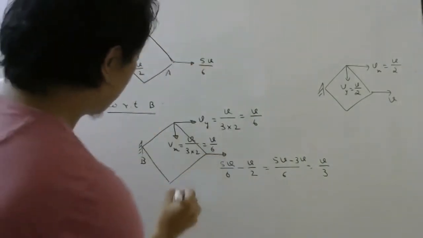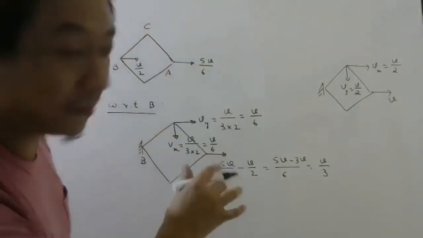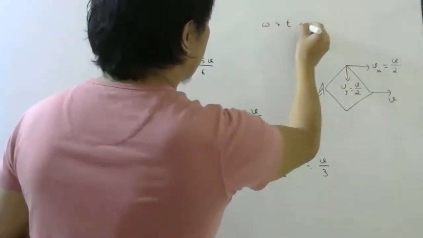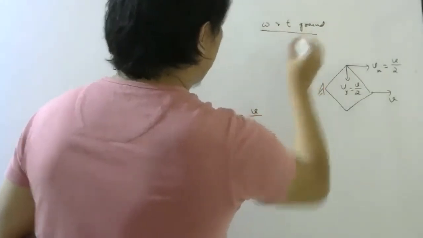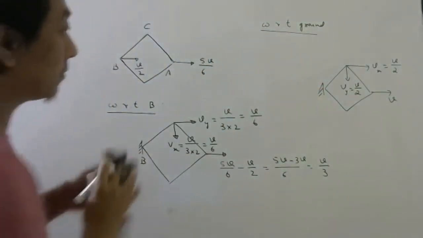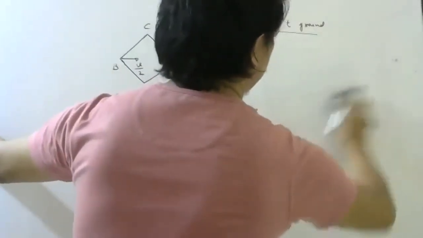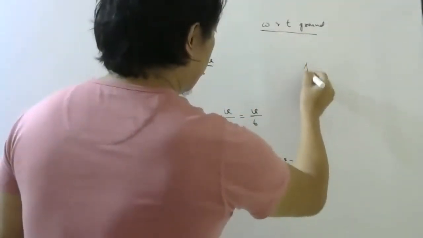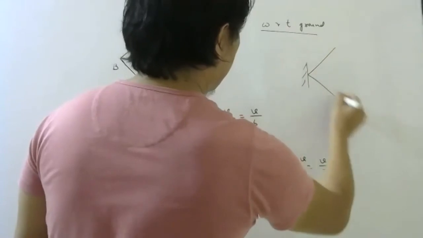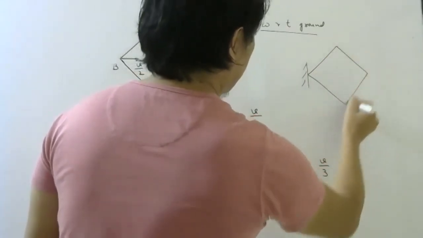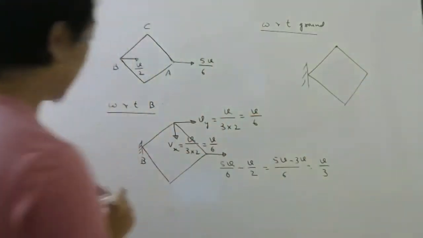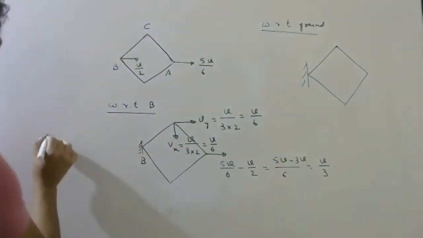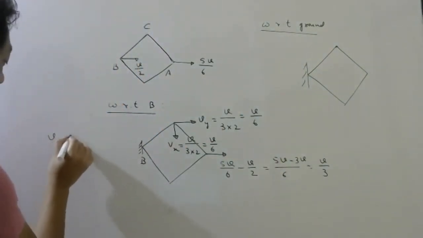So now you have to go back to ground. With respect to ground, what will be the velocity of this point now? How to find velocity of anything with respect to ground?